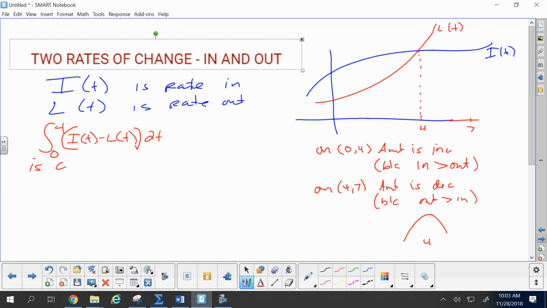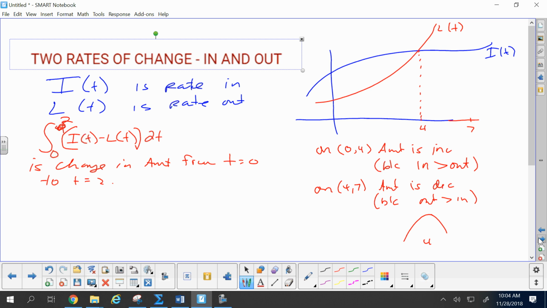So it is the change in the amount from time, actually let's change this to time 2. From time 0 to time equal 2. If that was positive, what would that imply? Yeah, in that 2 hour span, more people came in than left, or whatever, right? And the amount at 2 is greater than it was at time 0.